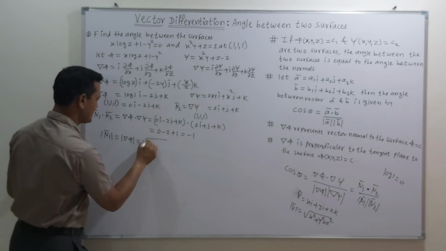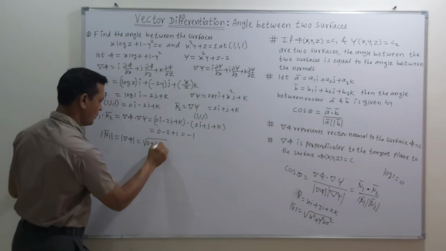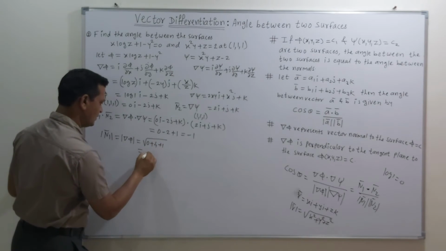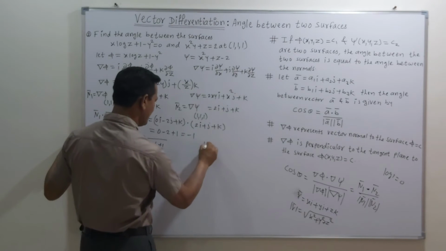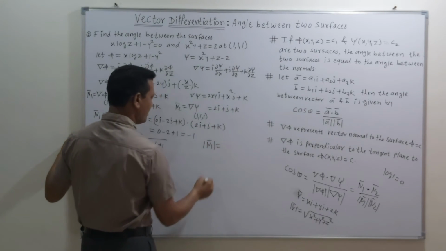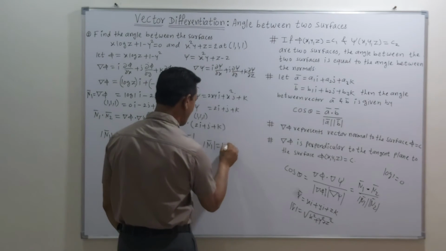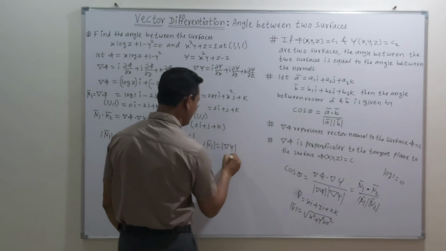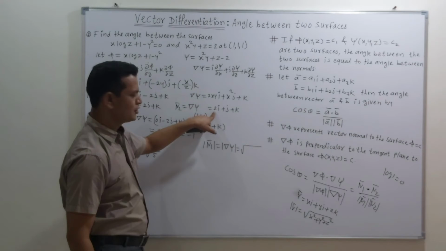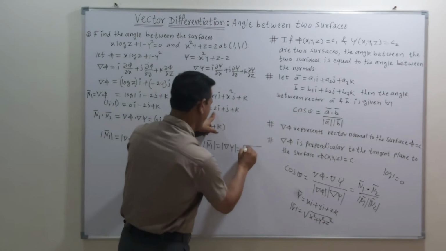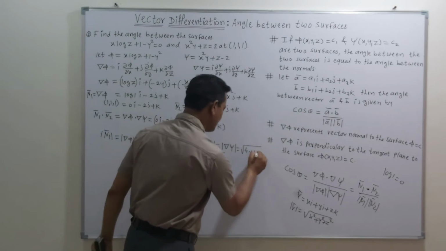So we can write 0 plus 2 square is 4, and 1 square is 1. That means we get root of 5. Similarly, we find the magnitude of the second normal to the surface, n2, which is the magnitude of del psi. Here the value of x is 2, 2 square is 4, plus 1 square is 1, plus again 1 square is 1.